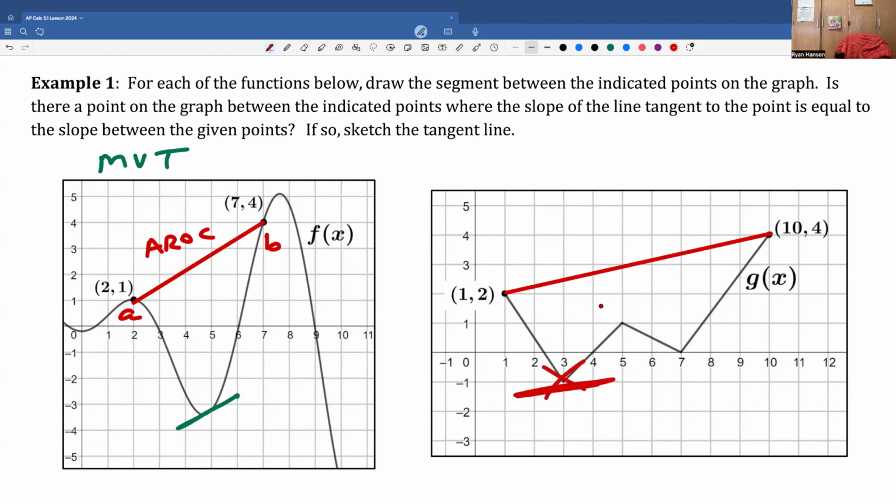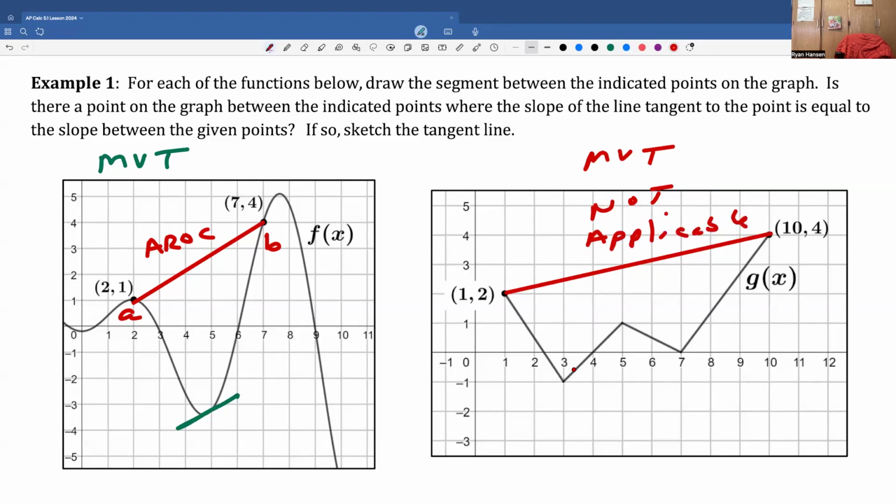That's too sharp. The cusp is undifferentiable. So in this picture, you actually cannot execute my objective. You cannot draw a tangent line with that same slope. So what you're going to come to learn is the mean value theorem is not applicable to this drawing.